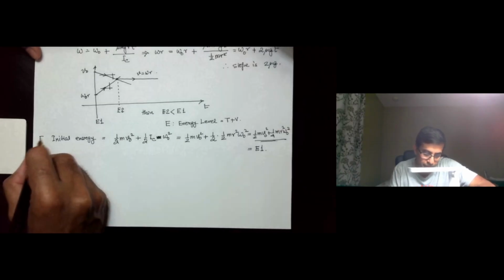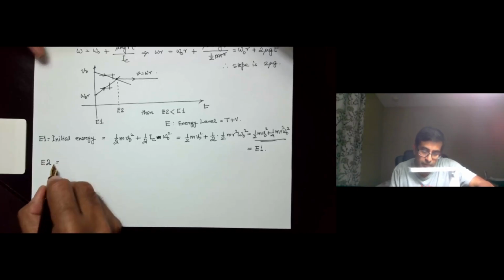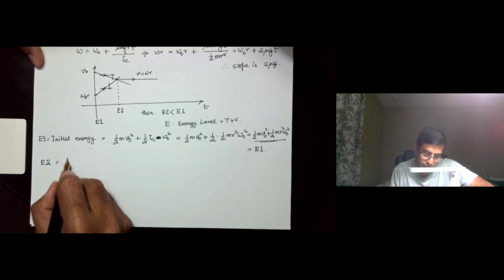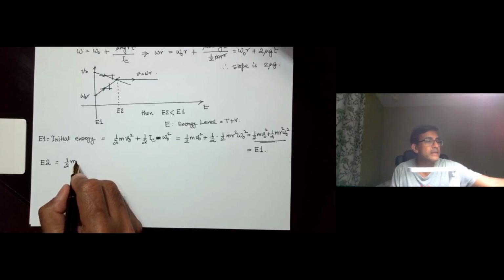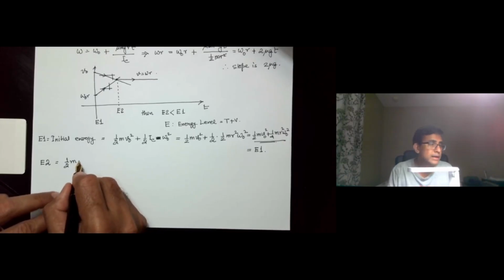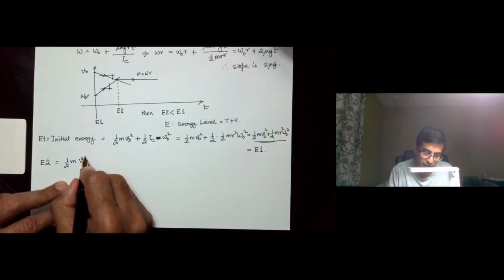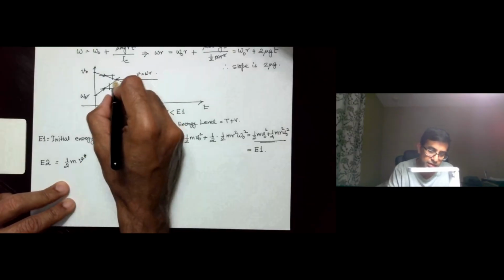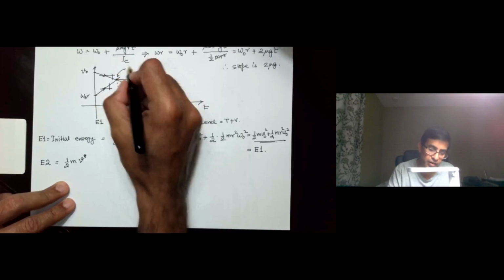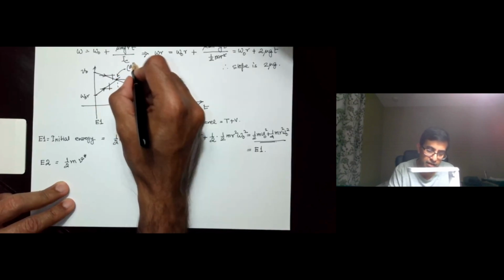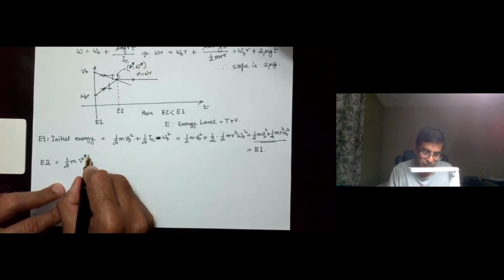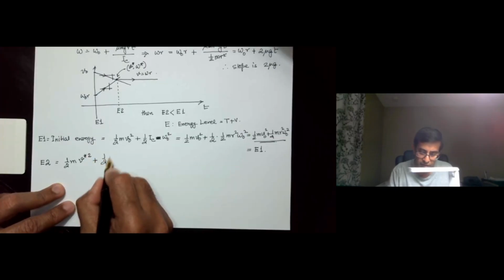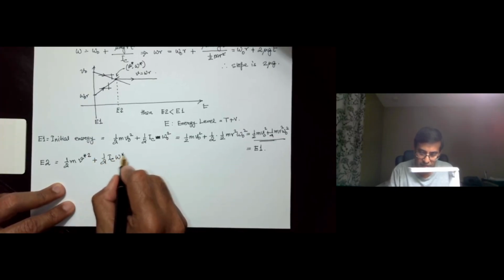So let's find out E2. So E2 is going to be equal to half m and then the velocity at, so I'm going to call it V star. So here I would say that the velocity is V star and omega star. Okay, so half m v star squared and half IC omega star squared.